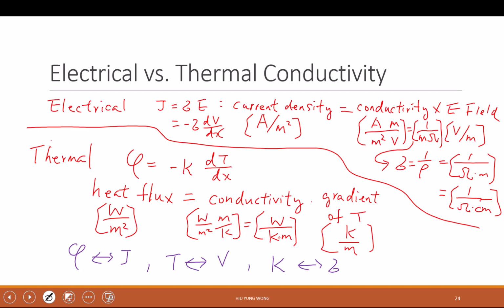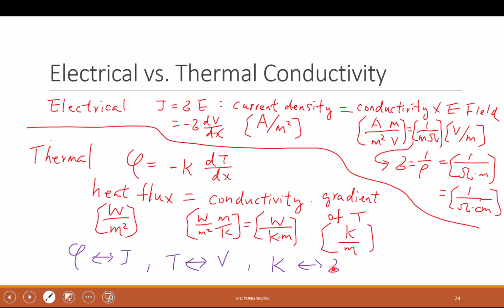Now, why is this so? If I test you, you will have a cheat sheet. I don't ask you to memorize it, right? But the point is that in the future, when people talk about thermal conductivity, how it dissipates heat, if you cannot get it, correlate it with the electrical quantity.